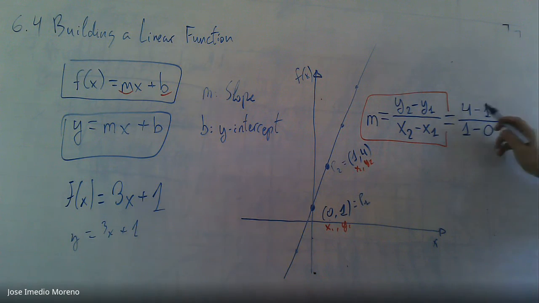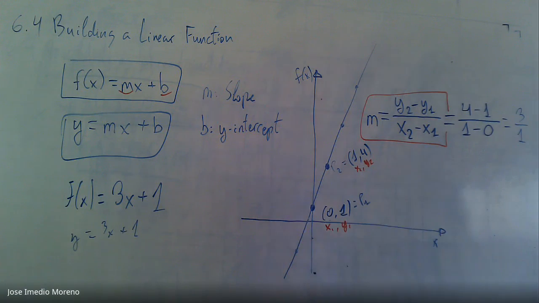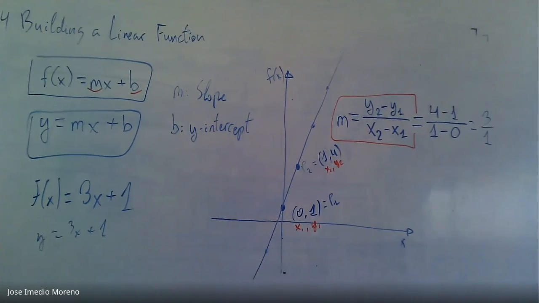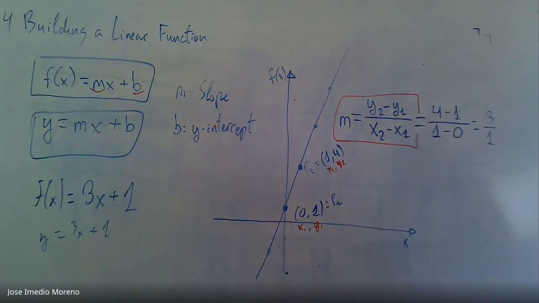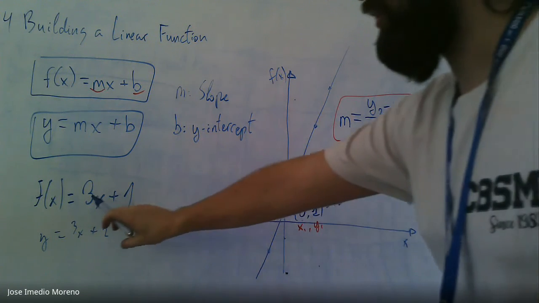And this gives me 4 minus 1 is 3, 1 minus 0 is 1. Of course, 3 divided by 1 is 3, and that's why you see a 3 here.